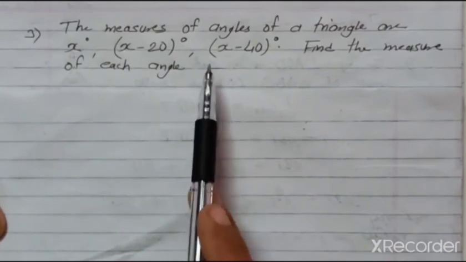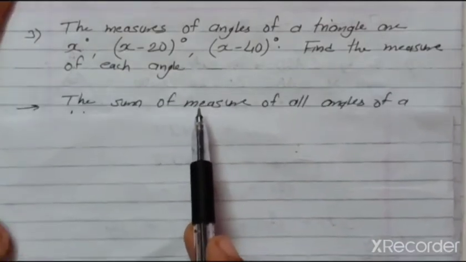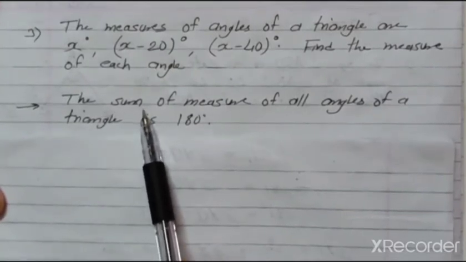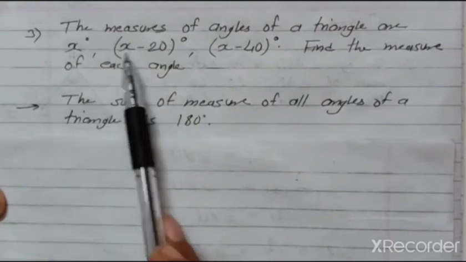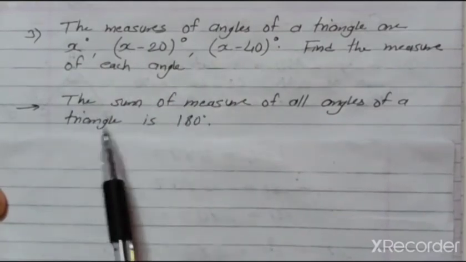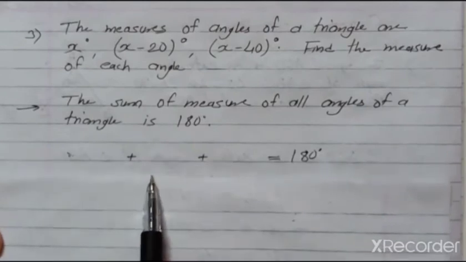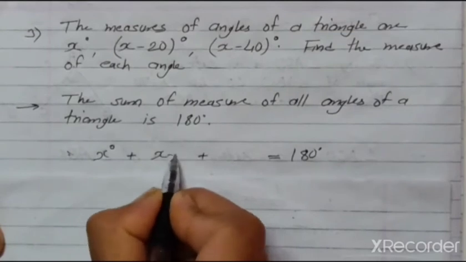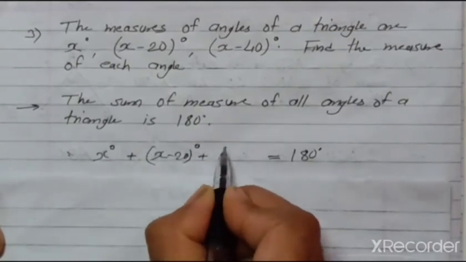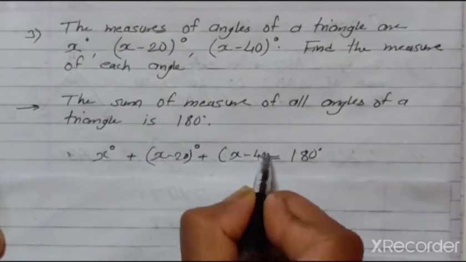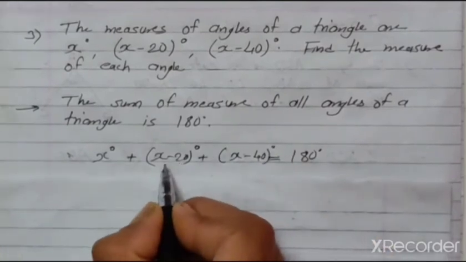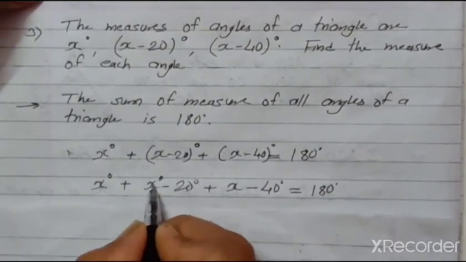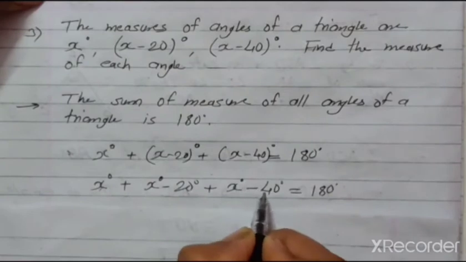Here we can draw any rough diagram, but I solve it without any triangle by using this theorem, the sum of measures, because here the measures of three angles are given, so their addition is 180 degrees. So our first angle is x degrees, second angle is (x minus 20) degrees, and the third one is (x minus 40) degrees. Now let us solve these brackets. We will get x degrees, then x minus 20, x minus 40.